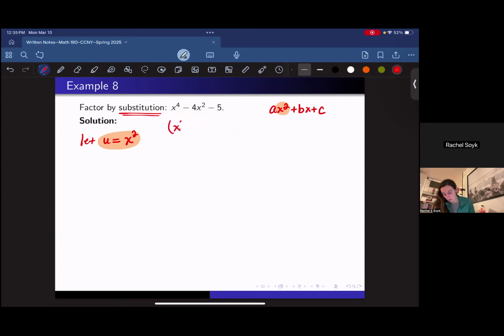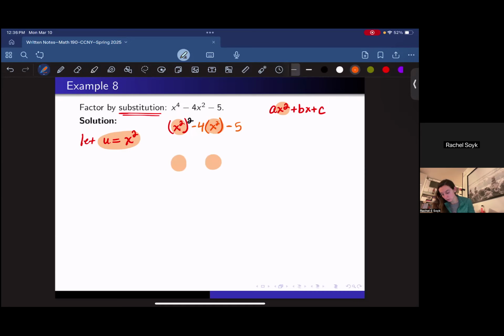So x squared raised to what power gives you x to the fourth? It's just raised to the second, utilizing your properties of exponents. Minus 4, and then we have, once again, an x squared, which we'll substitute as u later, and then minus 5. So wherever you see an x squared, let's replace it with a u.